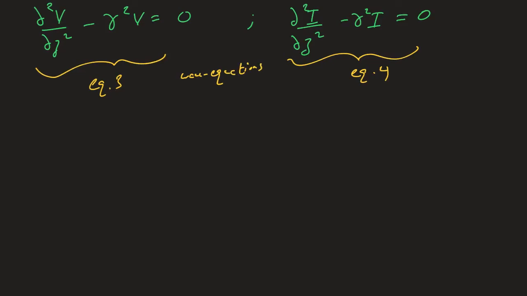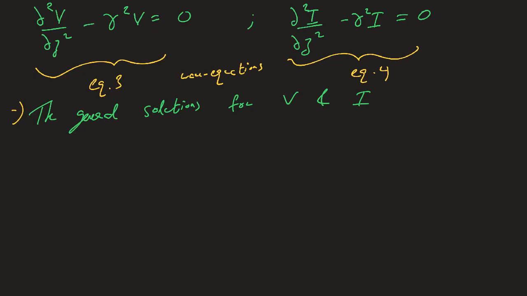So this is where we left it off last time, and the first new thing that we will do today is write down the solutions to these wave equations. So the general solutions for V and I. These are just second order homogeneous differential equations, right?